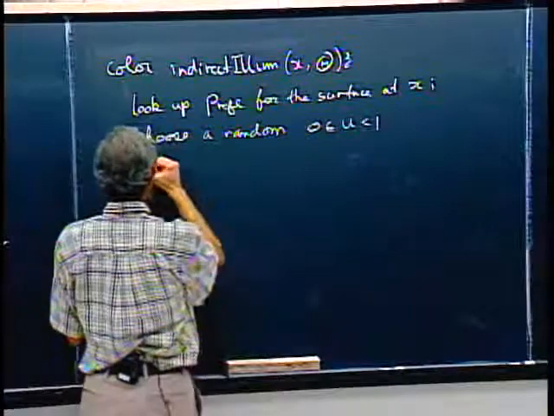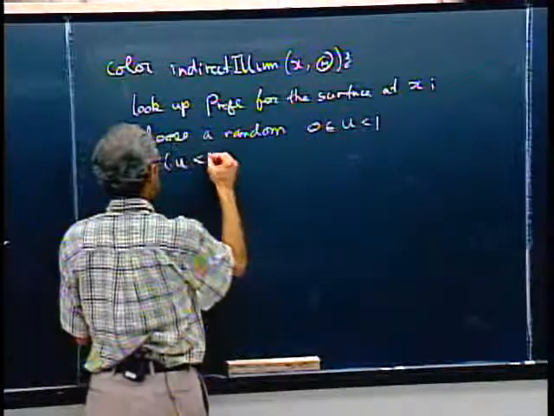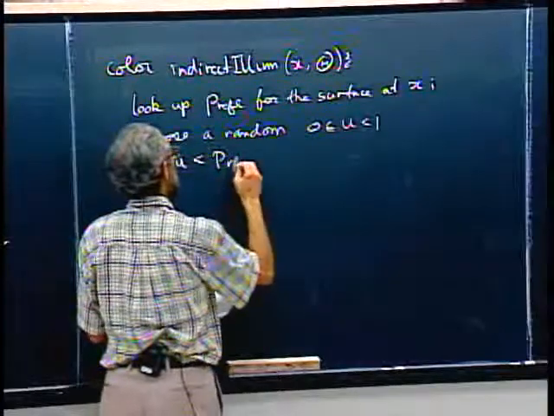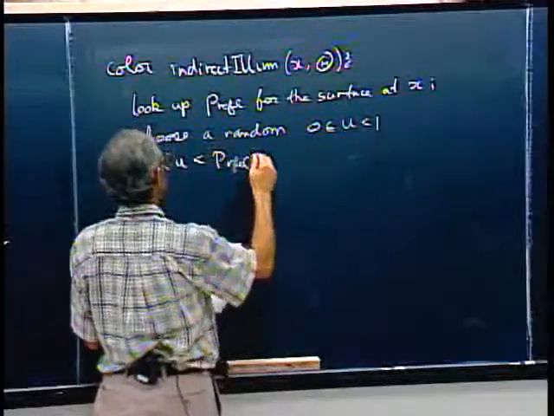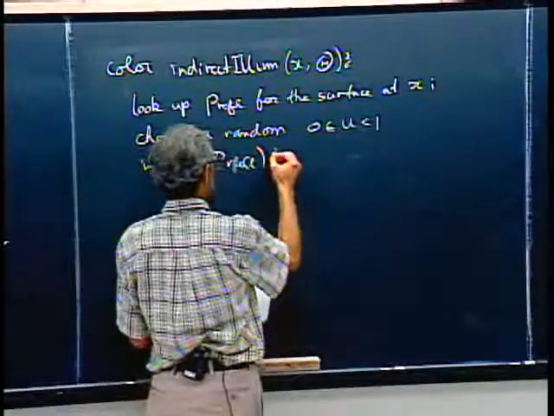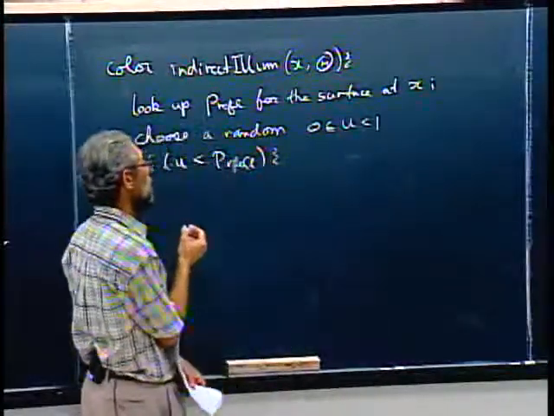And then if u is less than this probability of reflection, PRE, then we actually are going to shoot that ray in direction psi.